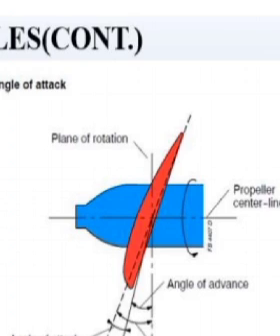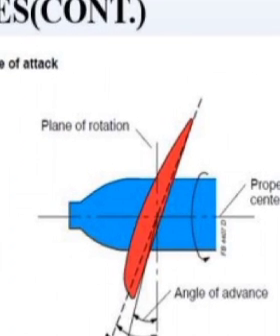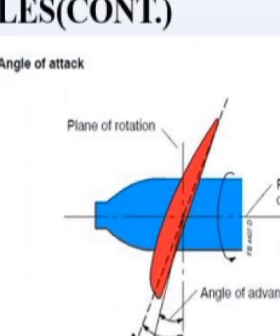Now on the board, you see that the angle of attack is the angle between the relative airflow and the chord line. That is the angle of attack. In the normal sense, the angle of attack is part of the blade angle.